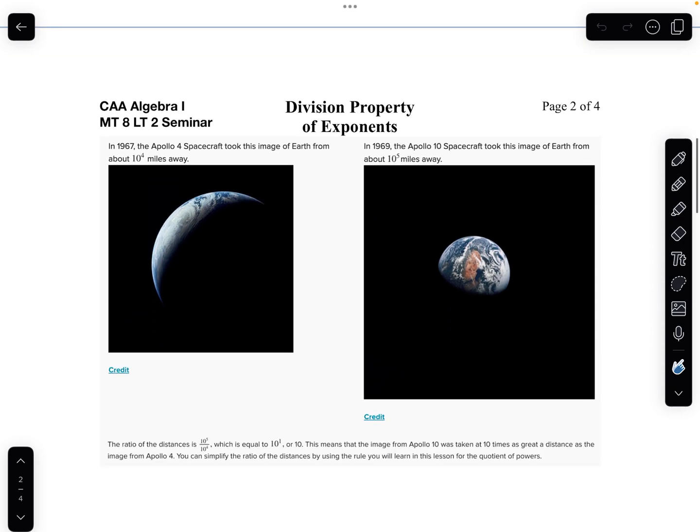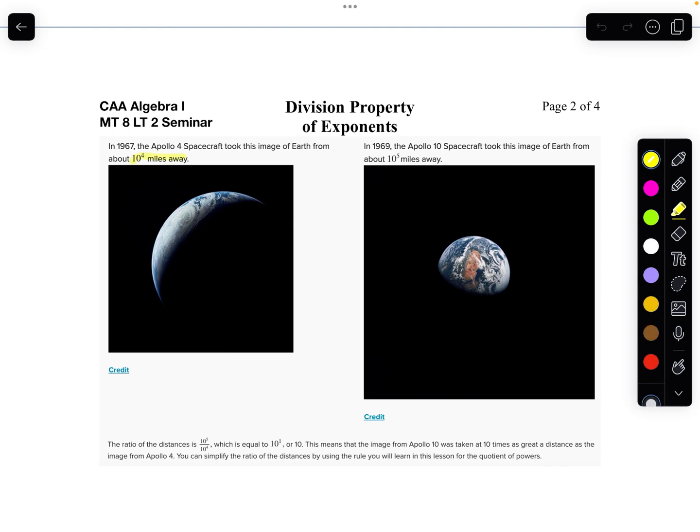Here we have a picture of an Apollo 4 spacecraft from 1967 of the Earth. Notice it's from 10 to the 4th miles away, which would be 10,000 miles away. And then here's the same picture from 10 to the 5th miles away, or 100,000 miles away.